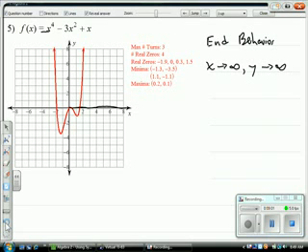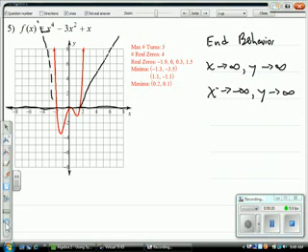That just means as x gets higher and higher, y gets higher and higher. As x goes to negative infinity, again, y goes to positive infinity. What does that mean? As your x's go down, down, down, all the way to negative infinity, your y's just get higher and higher and higher. So that lead degree pretty much tells you the story.